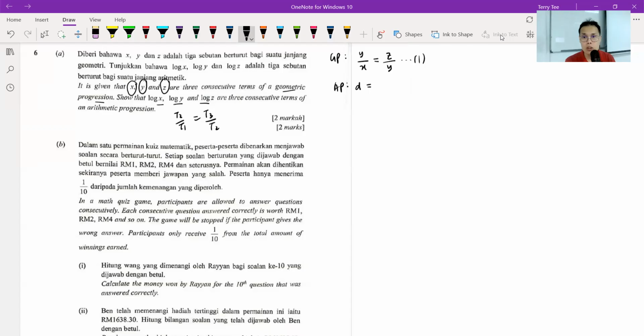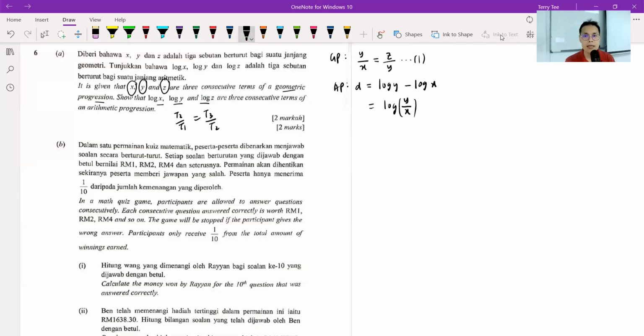D1 is T2 minus T1, which is log y minus log x. In logarithm, when you subtract the logarithms, we divide the numbers inside. You know that, right? Log a x minus log a y, you combine it as log a x over y. But in this case, we don't write the base. We just follow the question. Question says log, we just write log.